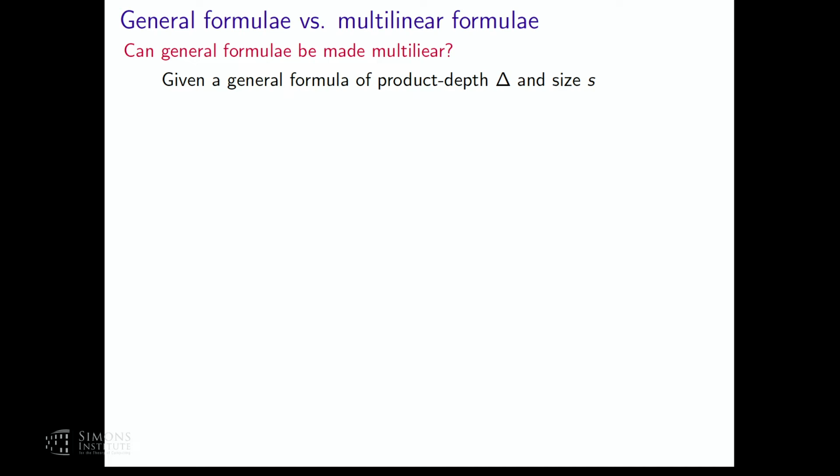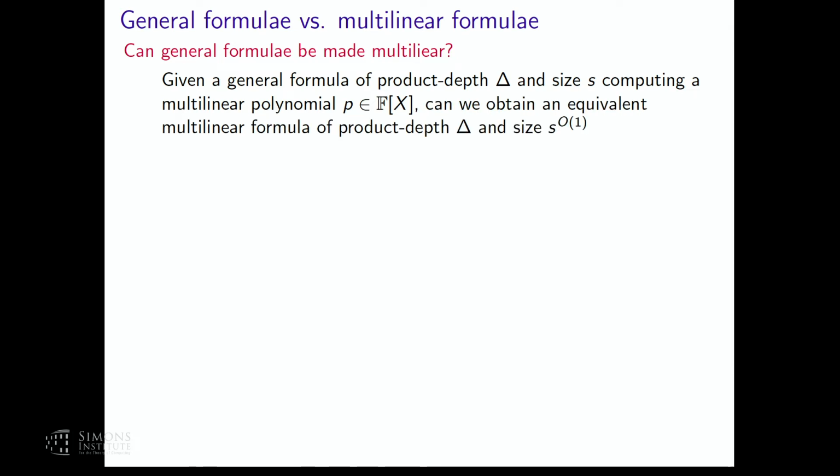So given a general formula, product depth delta and size S, that computes a multilinear polynomial P, can we obtain an equivalent multilinear formula of product depth delta and size S to the order 1? So can this be done? Can I always convert a general formula into a multilinear one?